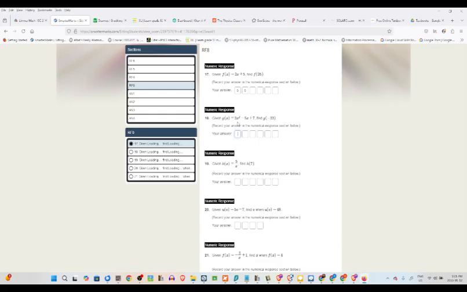So I'm going to pull out the calculator for that. So negative 23 squared minus 5 times a negative 23 plus 7. That's 1180.